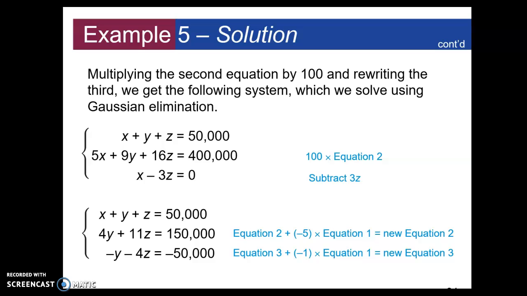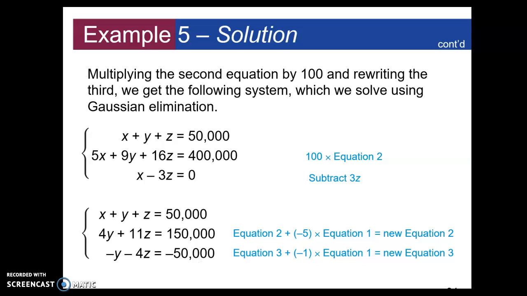And now if I add that to equation 3, -1x plus x is 0. -1y plus no y is equal to -1y. -z plus -3z is -4z. And -50,000 plus 0 is -50,000. So that's where I got my new equation 3.